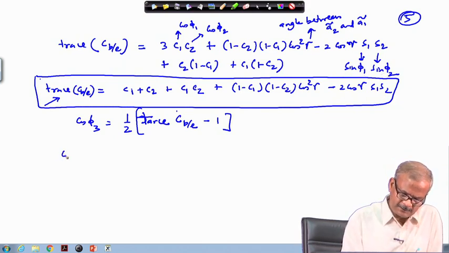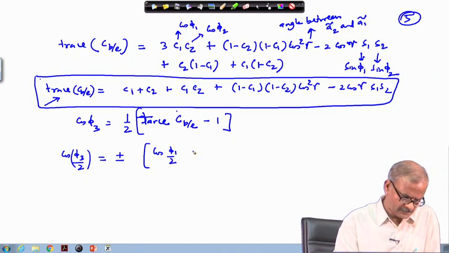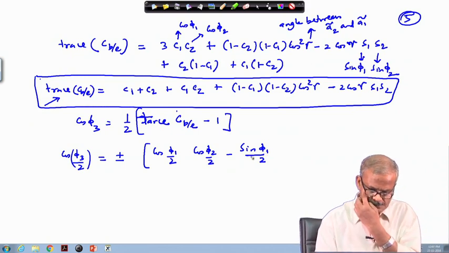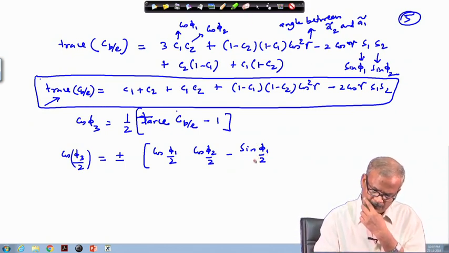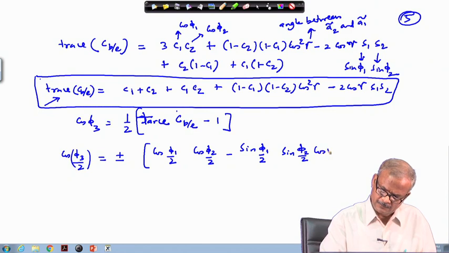So, it can be proved that cos phi 3 divided by 2 equals plus minus cos phi 2 divided by 2 minus sin phi 1, psi phi 1 divided by 2. So, this can be reduced into this format.